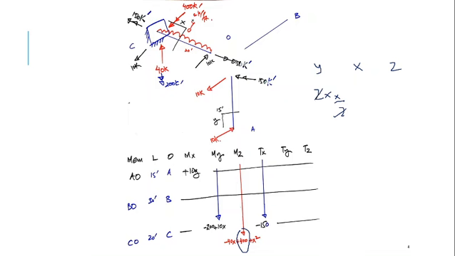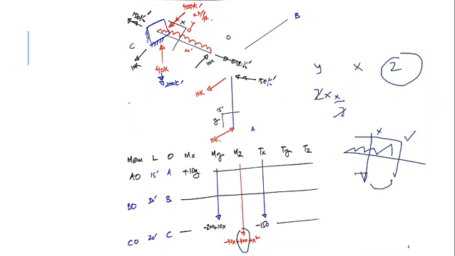Because it is acting in y and this is an x, there would be a moment in z. You should know that it is acting downwards. The section is like this. This is x, and the loading is applied like this. So moving this load towards this section will give you an anti-clockwise moment, so it was balanced by a clockwise, x square.